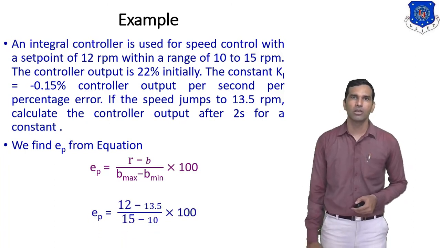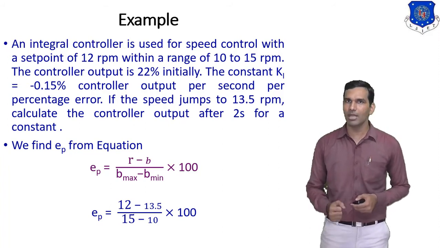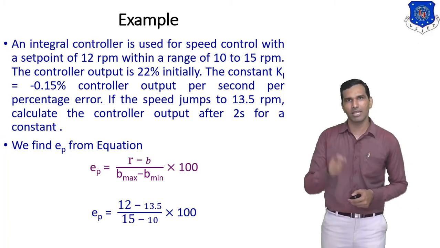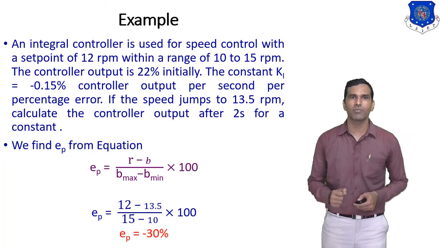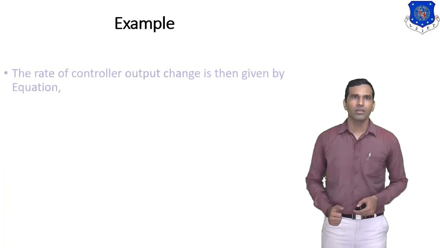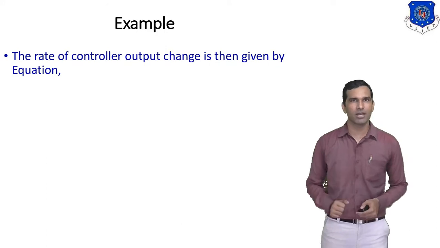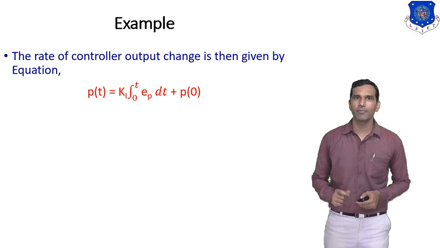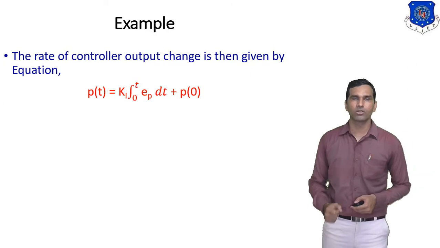Here we have the values of R, B, B maximum and B minimum. Now we substitute these values in the e_p equation. So we get e_p equal to 13%, that means minus 13%. The controller output is then given by the equation P(t) equals Ki integral from 0 to T of e_p dt plus P0. So this is the equation for our integral control mode.